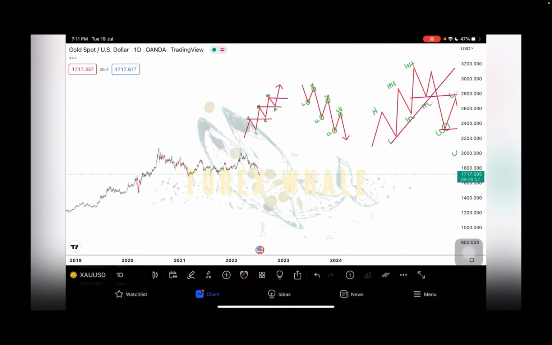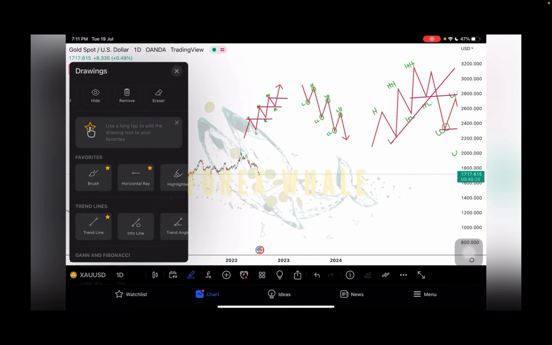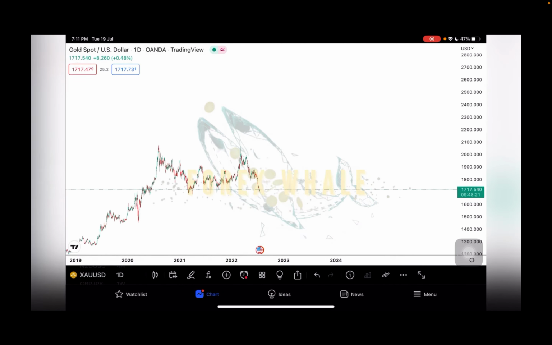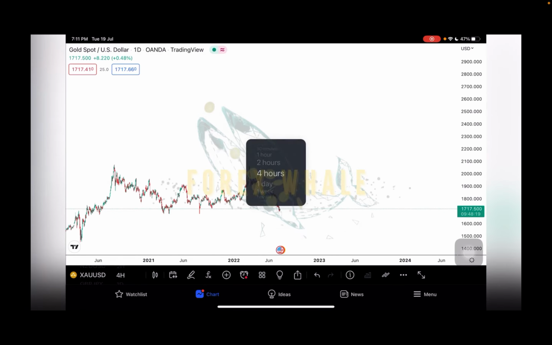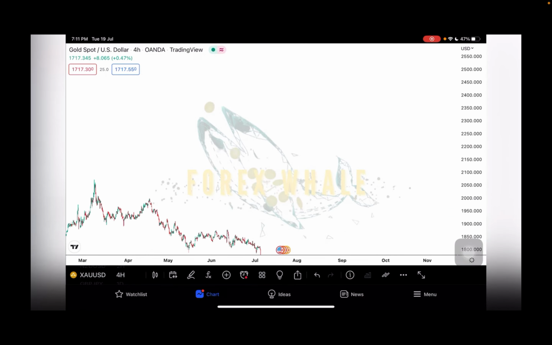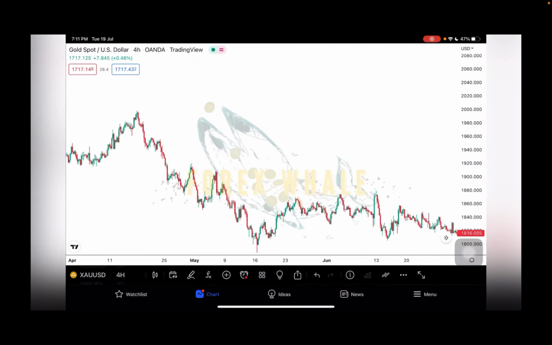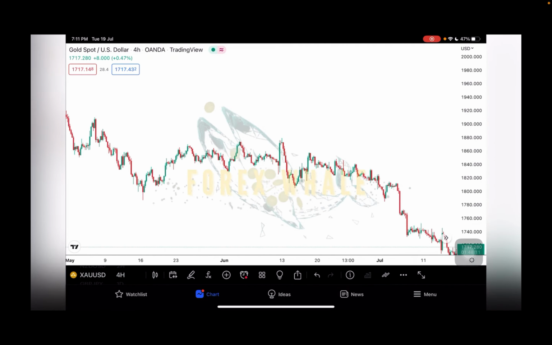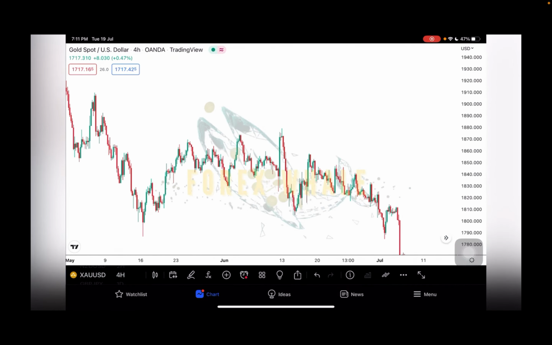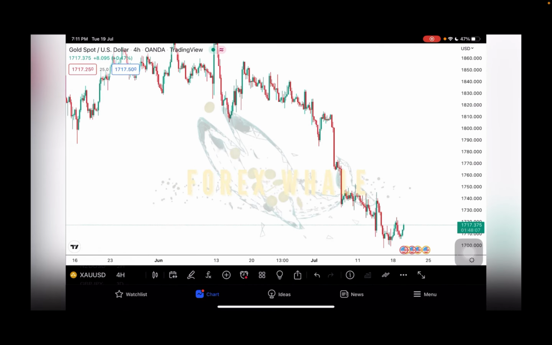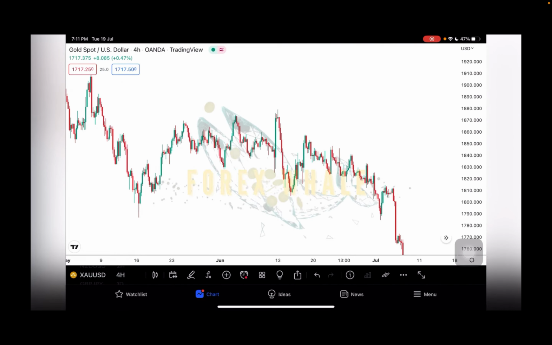Okay, so now we are going to shift to the real market. I would normally try to understand market structure from the 4-hour time frame, which I find easier that way.